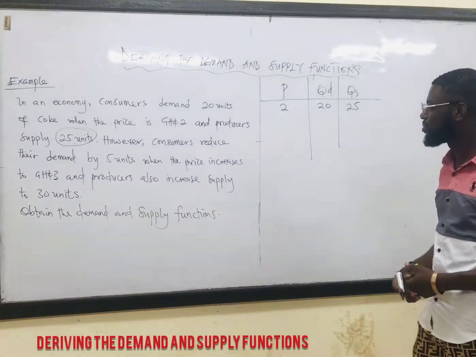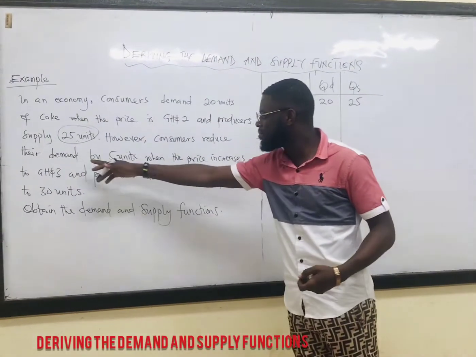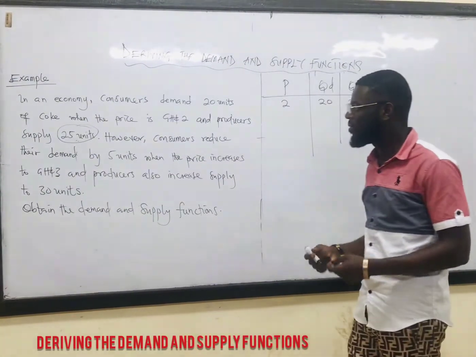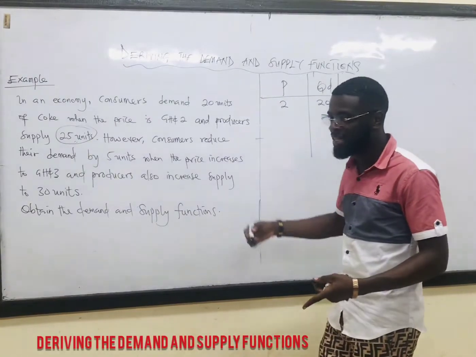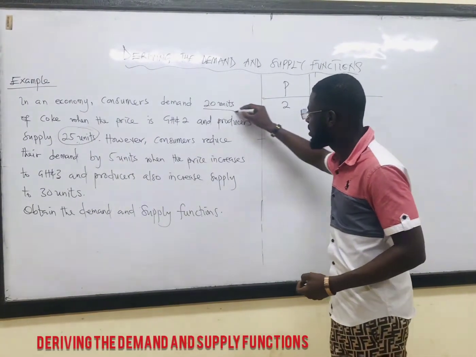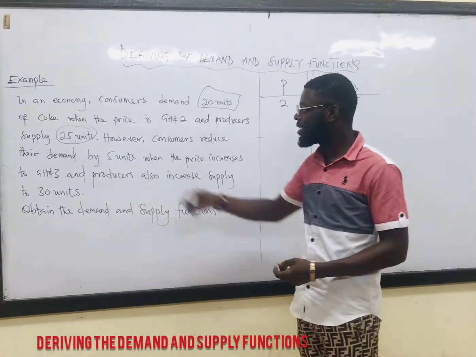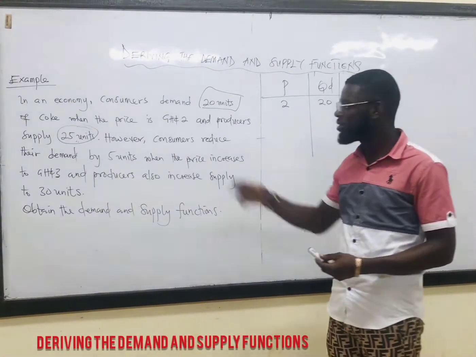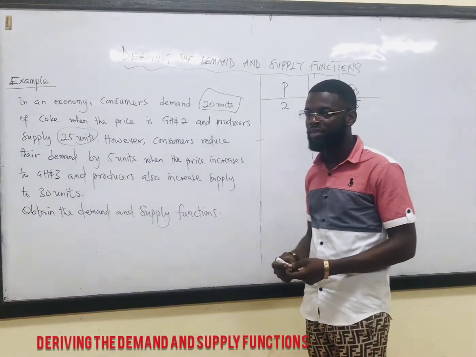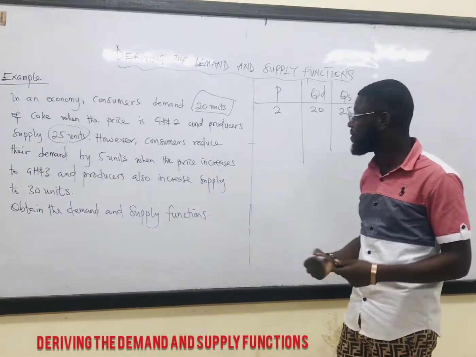And again, consumers reduce their demand by 5 units. We are reducing the demand. What was the initial demand? 20 units. So in reducing 20 units by 5 units, then we know that we are going to find the difference between 20 and 5. And it's going to give us 15.